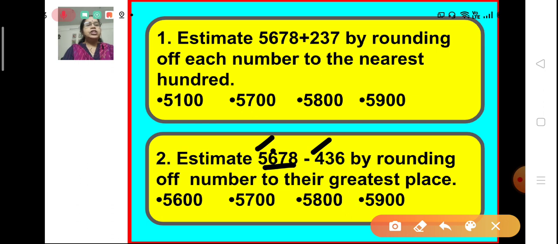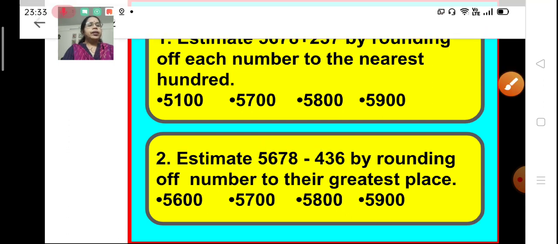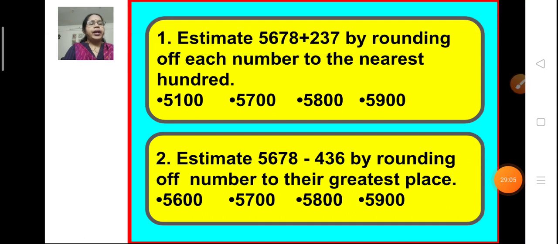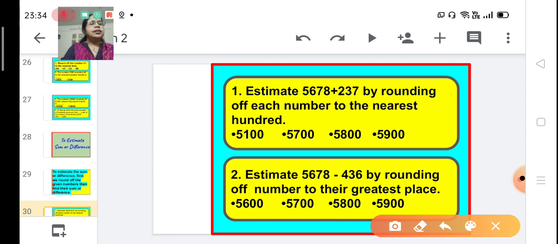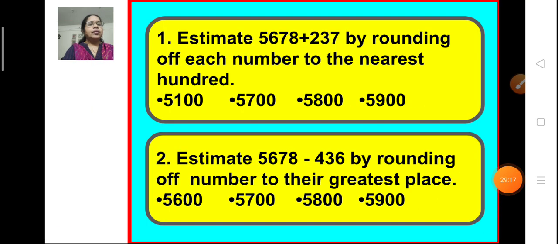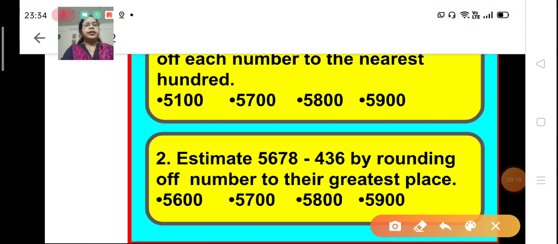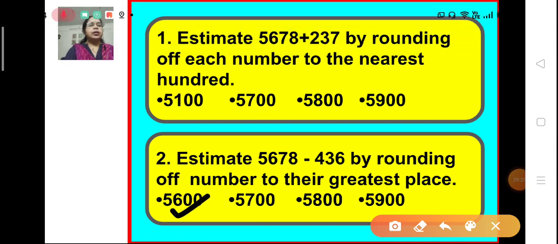And what is the digit to the right? It is 3. So it can be rounded off as 400. Subtracting 400 from 6000, what do we get? We get 5600. So this is the correct option.